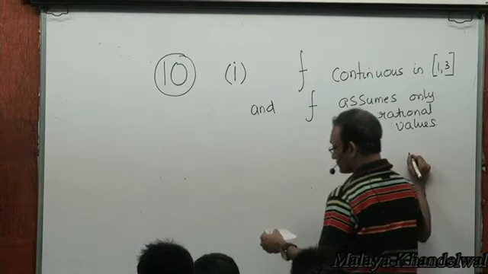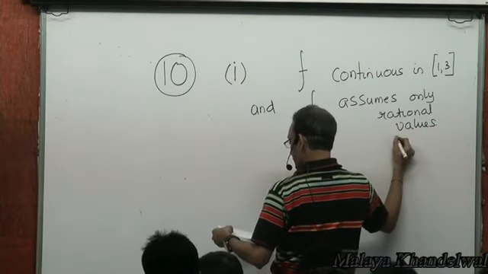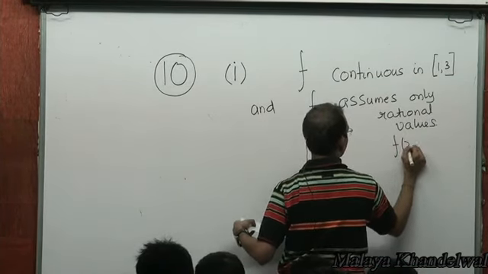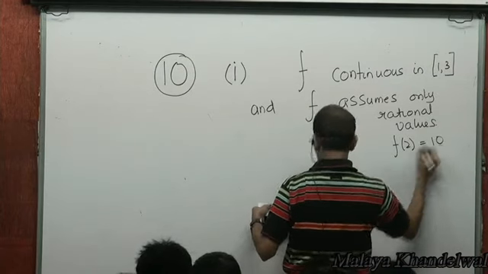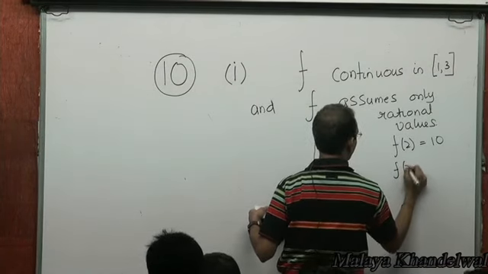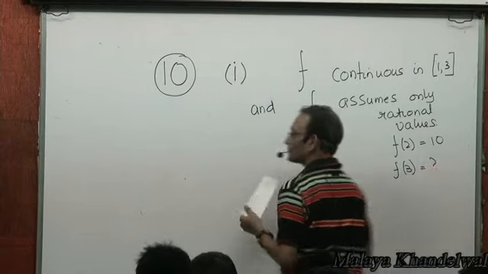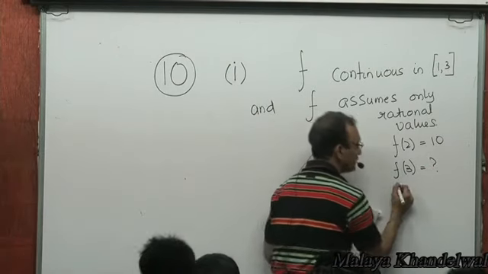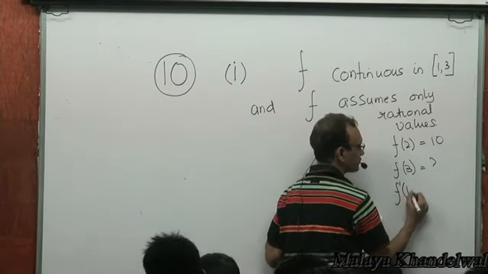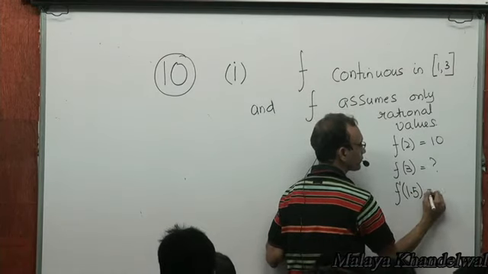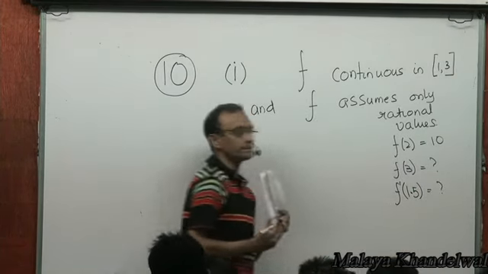It's also given that F2 is 10. We want to be able to find F3. We also want to be able to find F dashed 1.5. Right?